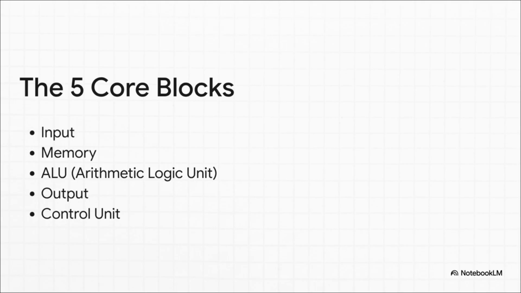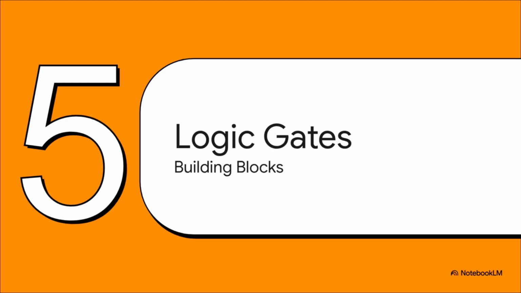You have input, memory, the ALU, which stands for Arithmetic Logic Unit, where the actual math happens, and output. And every single piece of that flow is fully coordinated by the central control unit. Honestly, everything else you are going to study in this course is really just zooming in closer and closer to these 5 specific blocks. Let's zoom in right now, actually, with Section 5, Gates, Hardware Building Blocks.